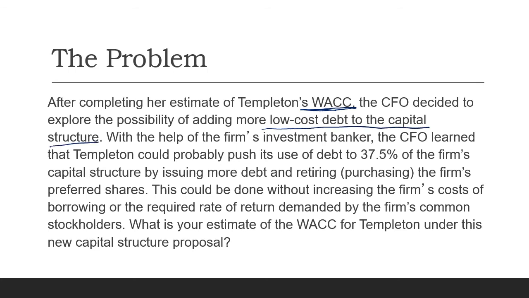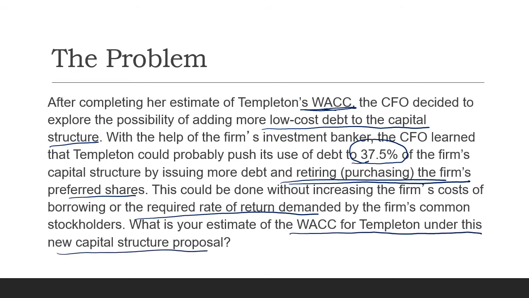With the help of the firm's investment banker, the CFO learned that Templeton could probably push its use of debt to 37.5% of the firm's capital structure by issuing more debt and retiring or repurchasing the firm's preferred shares. This could be done without increasing the firm's cost of borrowing or the required rate of return demanded by the firm's common stockholders. What is your estimate of the WACC of Templeton under this new capital structure proposal?